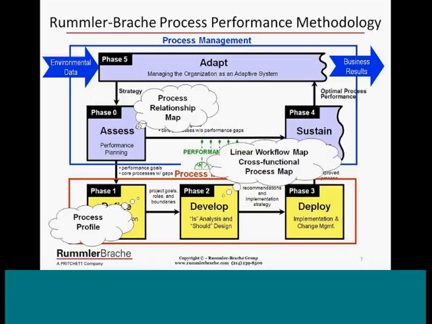So this is that kind of high-level map. And then finally, the maps we're all familiar with, the cross-functional maps or the linear maps that we use for detailed process analysis and process design. We'll be covering all of those. We also cover some of the other Rummler-Brache maps. We have a map called a super system map that is kind of a visual SWOT analysis at the organization level that we also provide templates for, and time permitting in the class, we'll cover those.